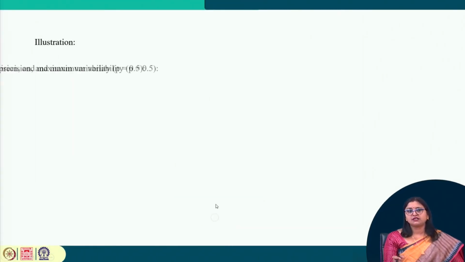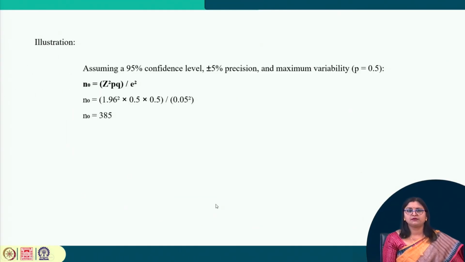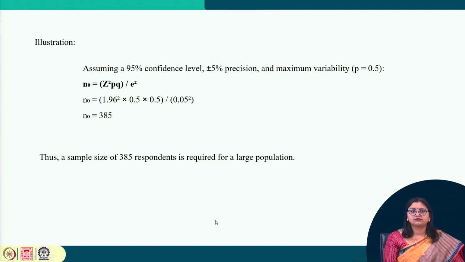As an illustration, suppose we take an example where a 95% confidence level has plus or minus 5% precision and maximum variability of 0.5.